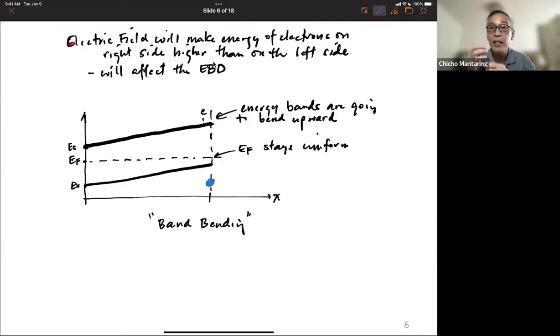Because if your electron is a valence electron, that means it is attached to the nucleus and cannot roam. But if your electron becomes a free electron, that means it can go throughout the entire solid. It has enough energy to go throughout the entire solid. So don't think of it as a place in the solid where it jumps.